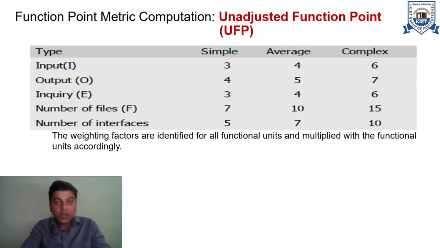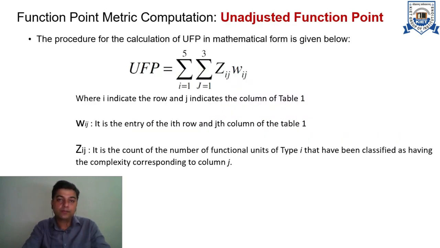In the same way, all the 5 functional units, based on their complexity of implementation, if they are simple, average or complex, have been associated with certain quantum values as shown in this table. These are also called weight factors. These weight factors are used in order to calculate the function point of any software development problem.